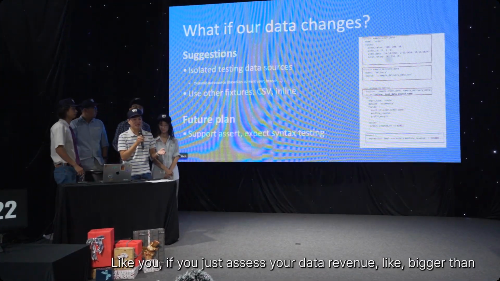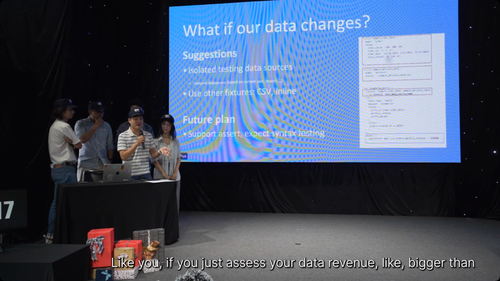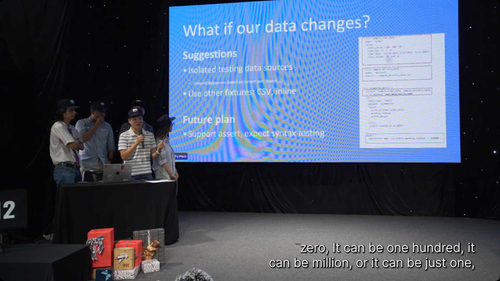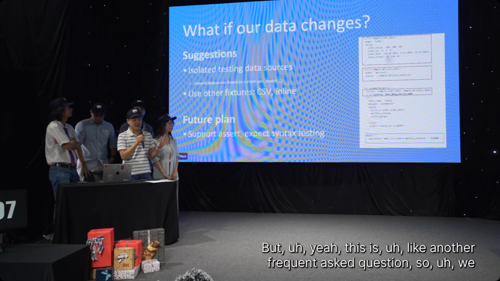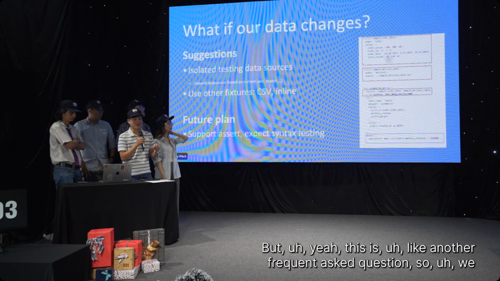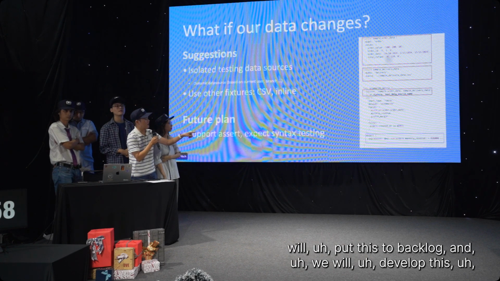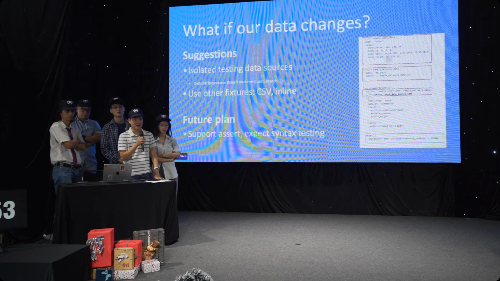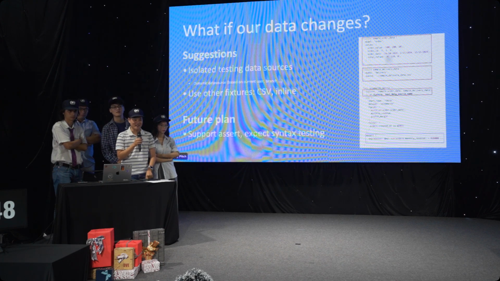Like if you just assert your revenue is bigger than 0, it can be 100, it can be a million, or it can be just 1, and the margin of error is still big. But yeah, this is another frequently asked question. So we will put this in the backlog, and we will develop this assert function in the future.